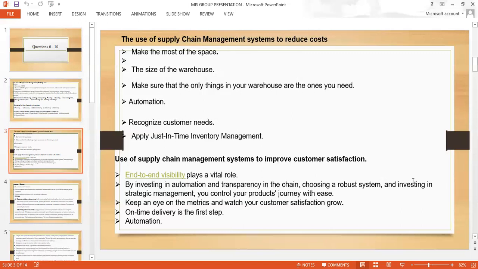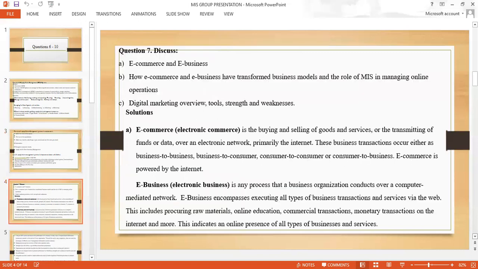Then keep an eye on the metrics and watch your customers' satisfaction grow. Keep an eye on them so that you have a good sense of how your activities are going and the way products are reaching them. Then on-time delivery, fast deliveries with orders that arrive days ahead of schedule make customers happy.